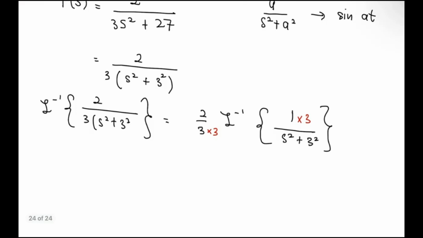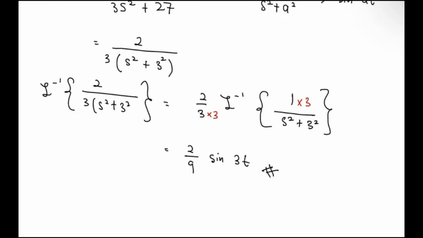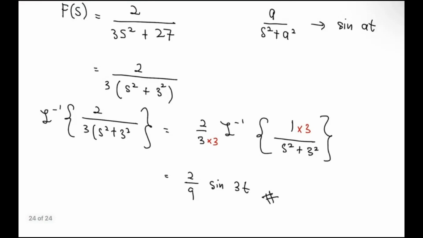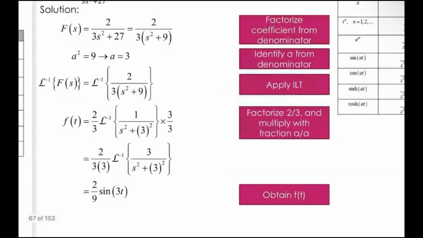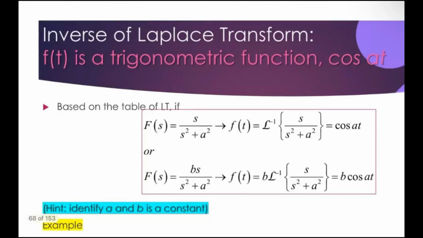So we have 2 over 3 times 3 is 9. So this one will be sine 3t. So the answer is 2 over 9 sine 3t. So you need to modify a function so that your function can be found in the Laplace table. So we have 2 over 9 sine 3t.